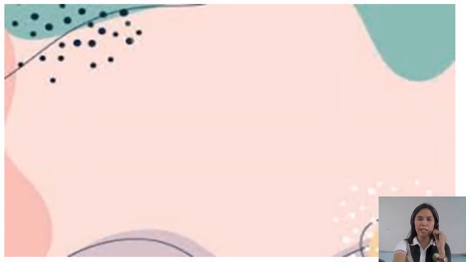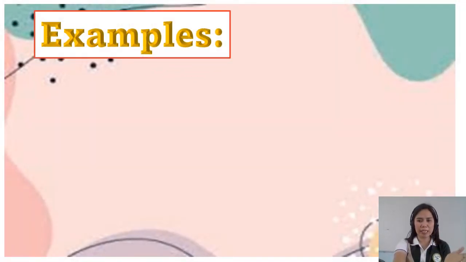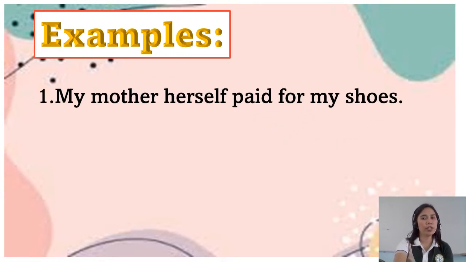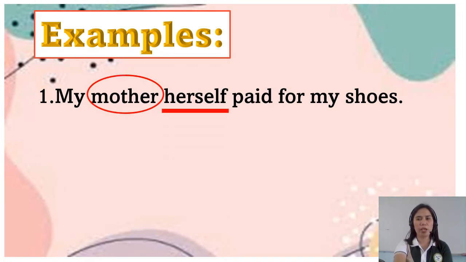Now let's have some examples for intensive pronouns. First we have, my mother herself paid for my shoes. Our subject here is mother. Our intensive pronoun is herself. Herself here is referring to mother, which is the subject of the sentence. So it intensifies or emphasizes the subject mother.